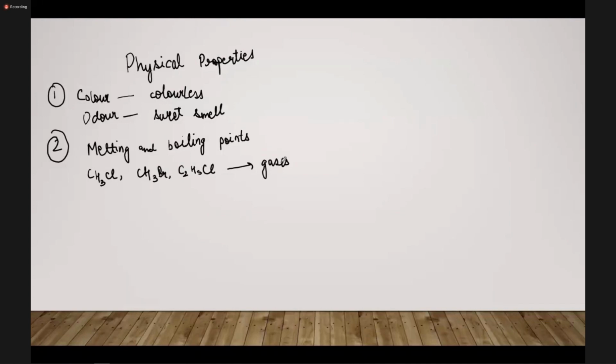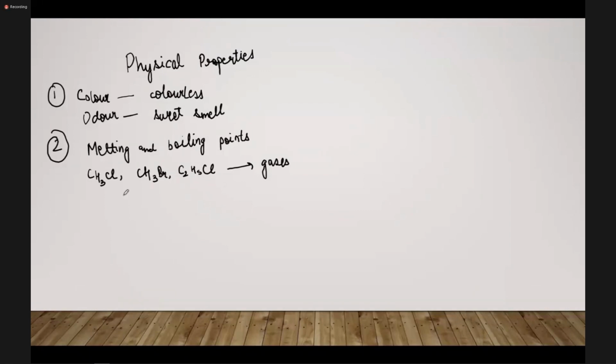Here we'll compare the melting and the boiling points of the haloalkanes with different materials, and then analyze how they are increasing or decreasing.